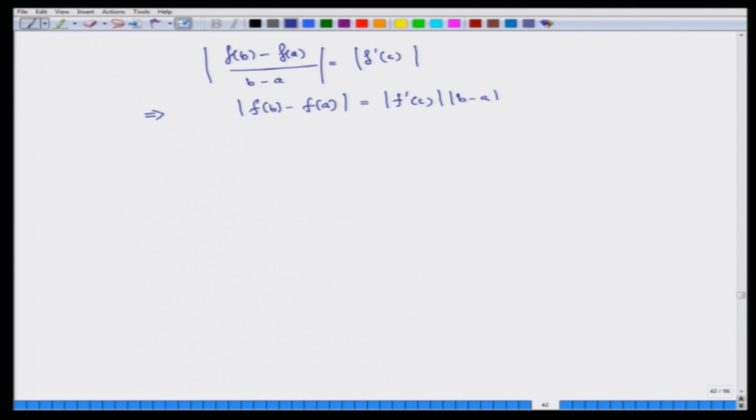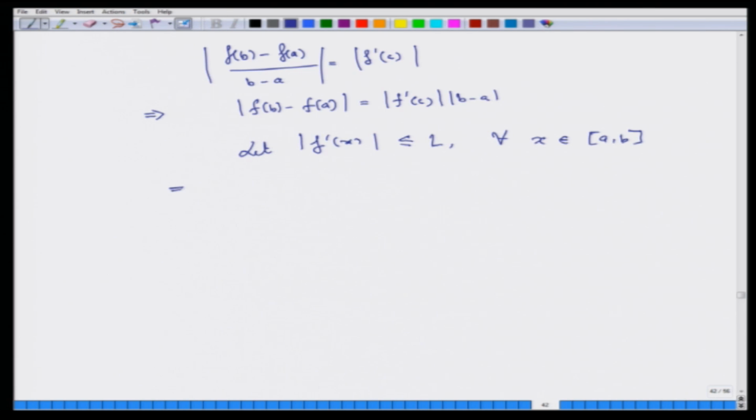But again, because f dash x is bounded, mod of f dash x is bounded. The absolute value also must be bounded, it cannot blow up. So, the absolute value also has some maximum value. Because the derivative is bounded, let mod f dash x be less than or equal to some capital L for all x in a b.